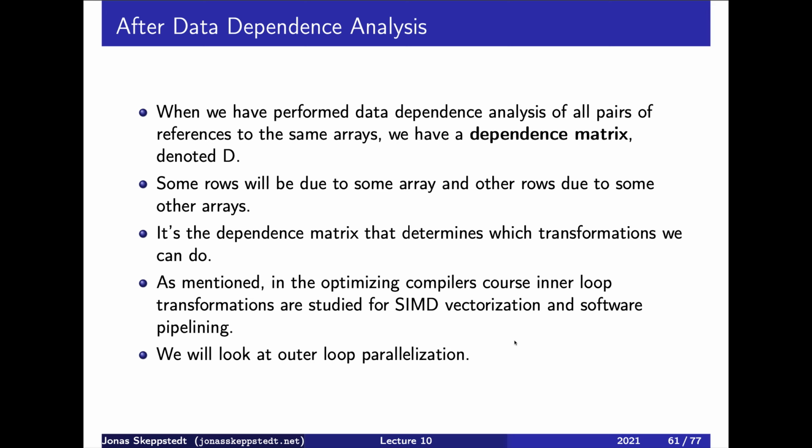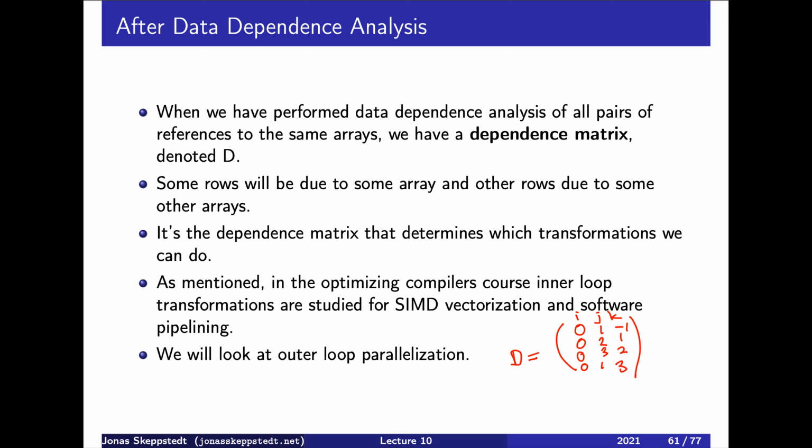Say this dependence matrix, we can write it as D, and there is one column for each loop in the nest. Say all the dependencies are in the J or K loops. Well, they can be like this, for instance. It doesn't matter. But what we can see here is that there were no dependencies in the I loop.